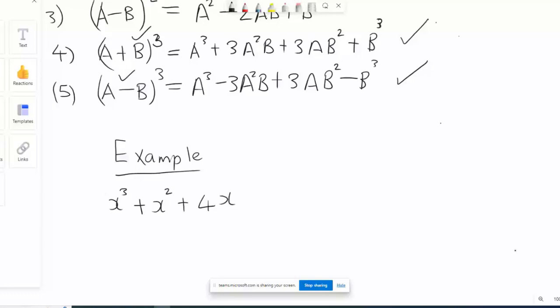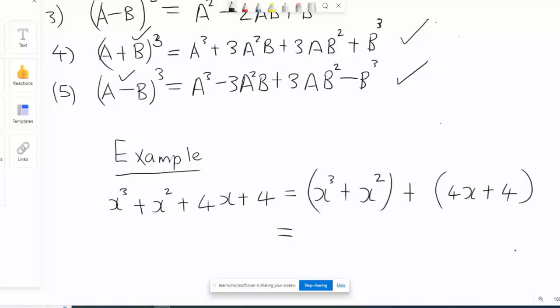Okay. So, for example, if you look at x cubed and x squared, x squared goes into x cubed x times, and x squared goes into itself once. And here I can take out 4, and 4 divides 4x times, and into itself once.